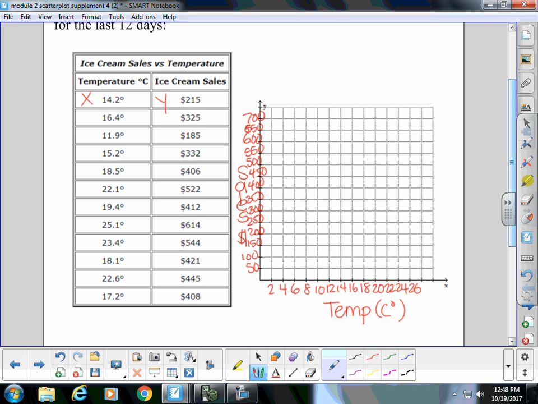Okay, so the first one is 14.2, so a little bit past 14, and 215. 14 and 215. So maybe right about there. 16.4 and 325.